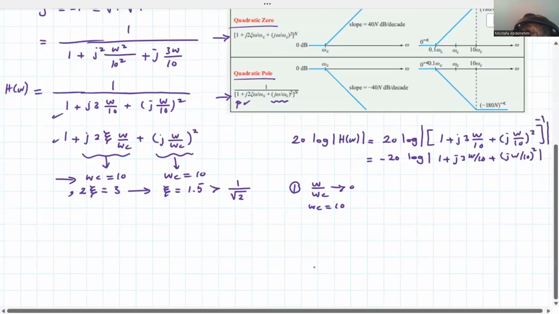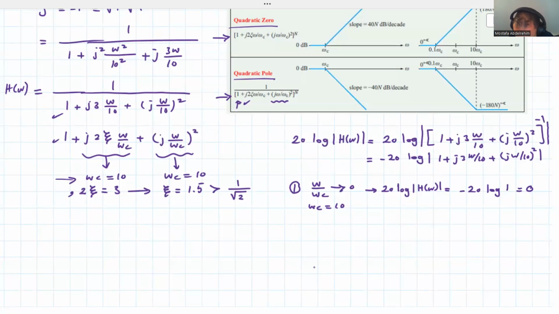So in that case, 20 log magnitude of H of omega will be minus 20 log magnitude of 1, which is 1, and log 1 is 0. So whenever omega is much less than omega c, that will be 0.